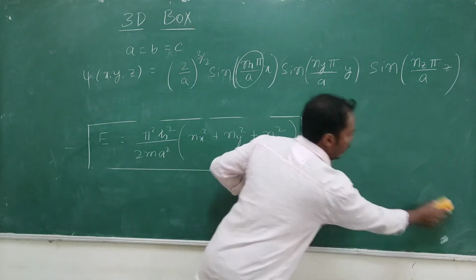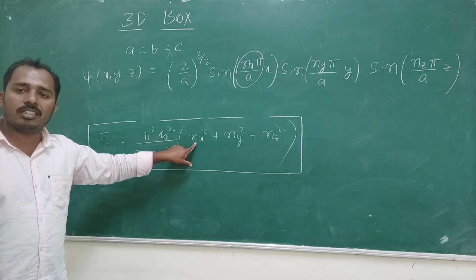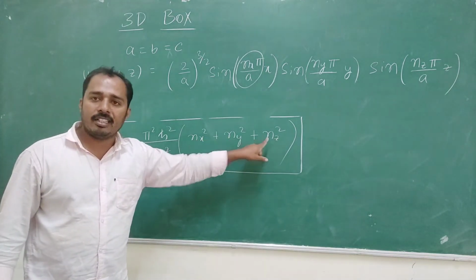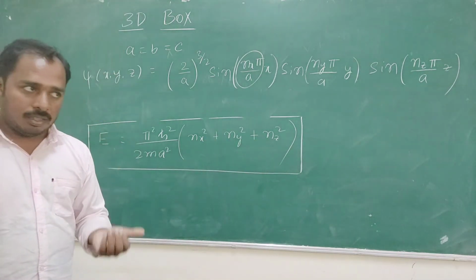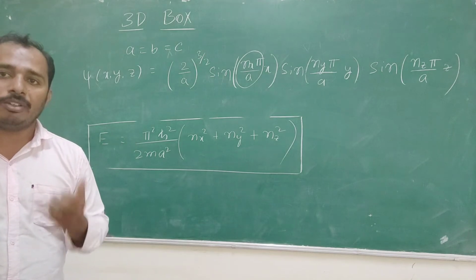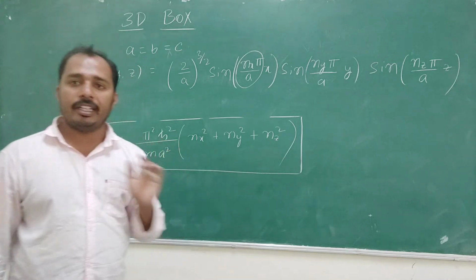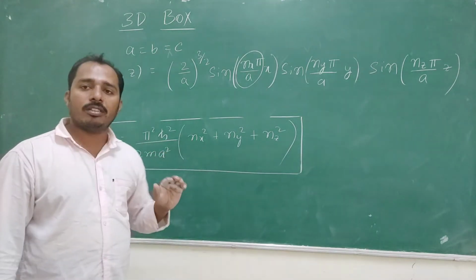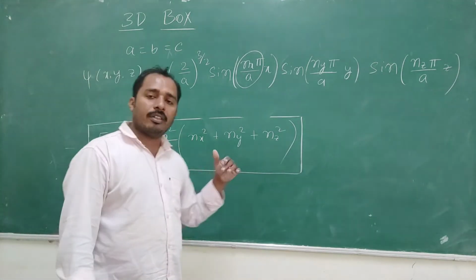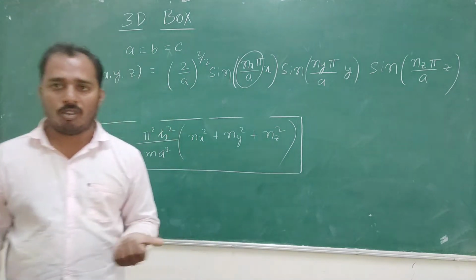Here nx, ny, nz are positive integers: nx for the x coordinate, ny for the y coordinate, nz for the z coordinate.